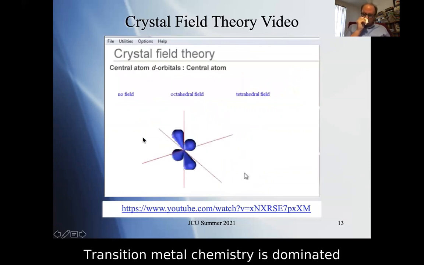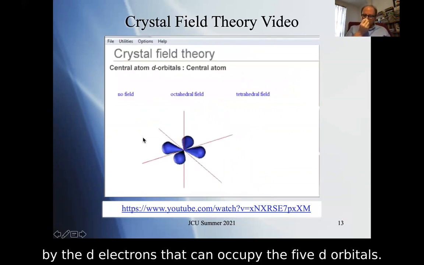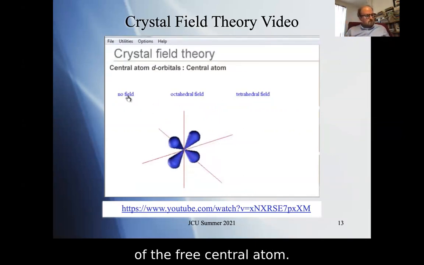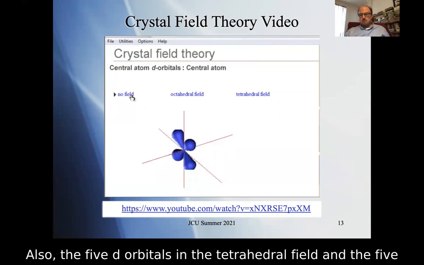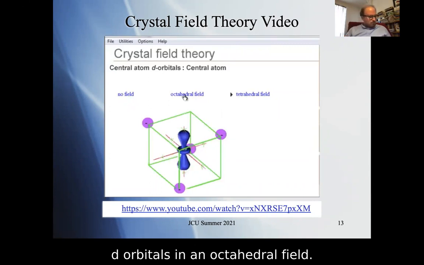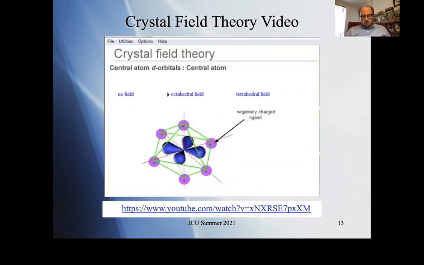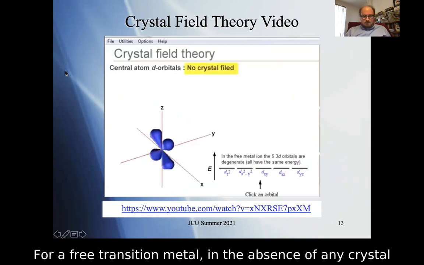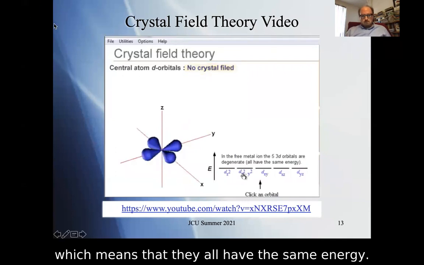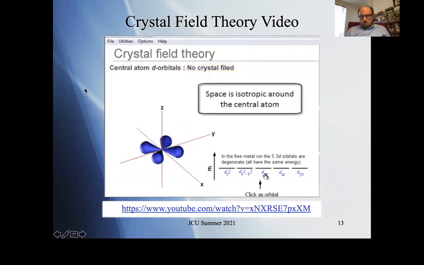Transition metal chemistry is dominated by the d electrons that can occupy the 5d orbitals. Here is shown the 5d orbitals of the free central atom. Also, the 5d orbitals in the tetrahedral field and the 5d orbitals in an octahedral field. For a free transition metal, in the absence of any crystal field, the 5d orbitals are degenerate, which means that they all have the same energy.